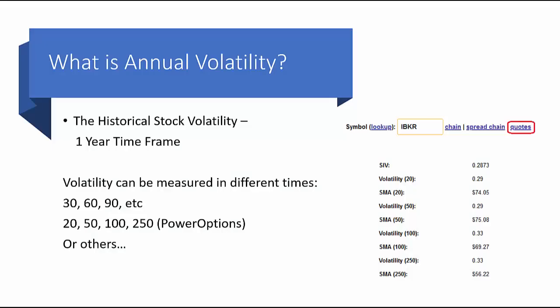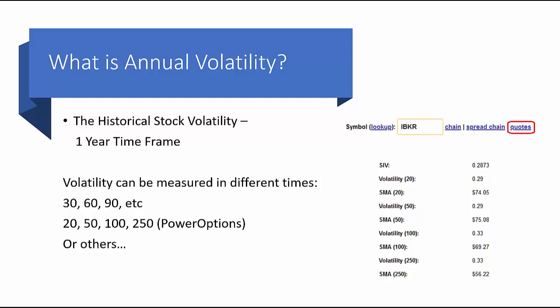On PowerOptions, we refer to the annual volatility as the historical stock volatility, if you're looking at a one-year time frame. On the general searches in PowerOptions, under the Technicals tab, when you see the filter for historical volatility, that's actually referring to the 50-day volatility. Volatility can be measured in different time frames.